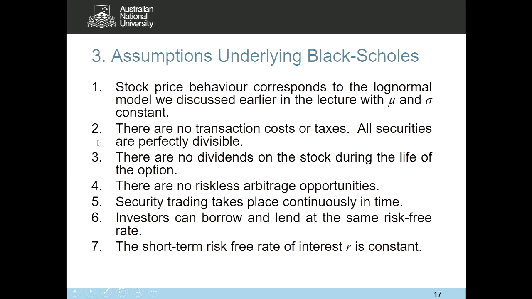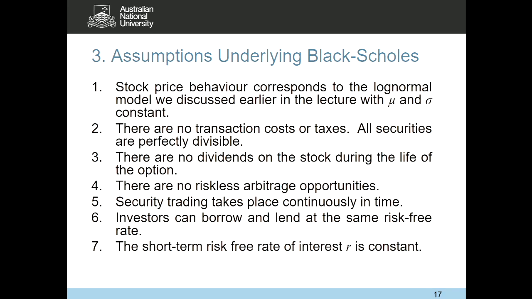And the second assumption that Black-Scholes made in their original paper is that there's no friction in the capital market. So when they say there's no friction in the capital market, they really meant there's no transaction cost, there's no taxes, and all securities are perfectly divisible, which means you can trade a fraction of options, and alternatively, you can trade a fraction of stocks.